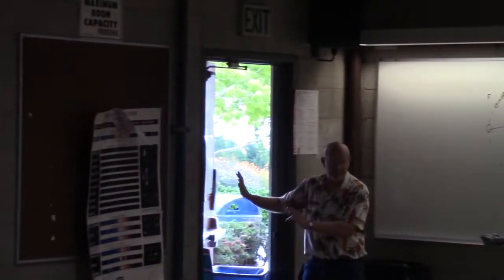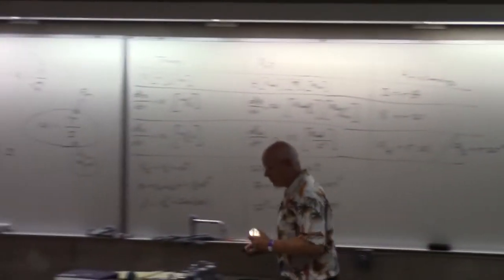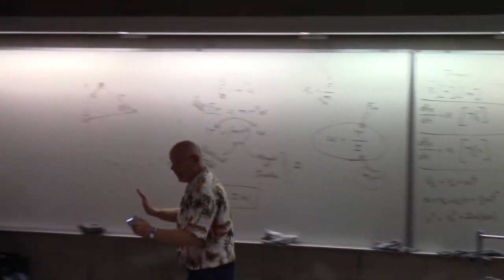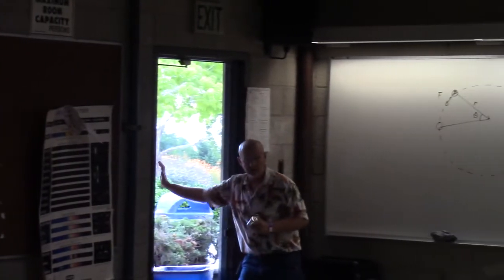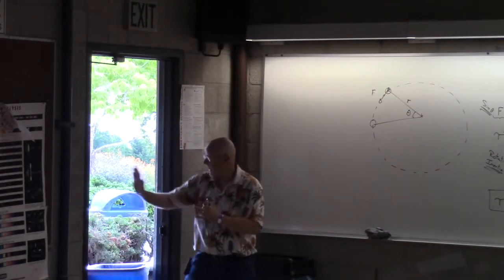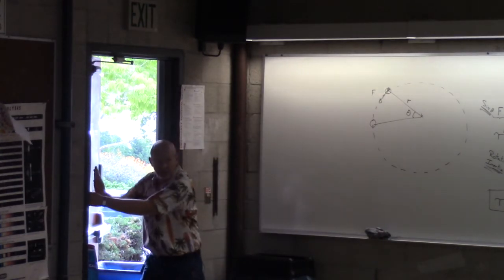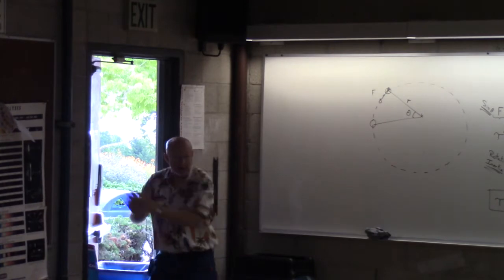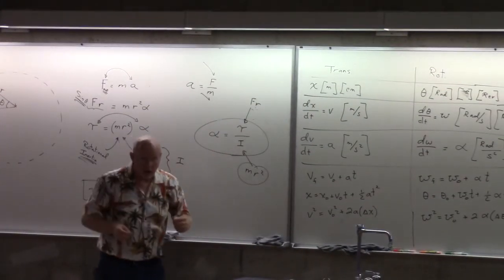So let me come back to this weight, give you an illustration. If I were to come over here and say, okay, I'm going to open this door. Where I apply the force, so my hand, the R is from the pivot over here to my hand. That would be this R right here. This is where am I applying the torque.